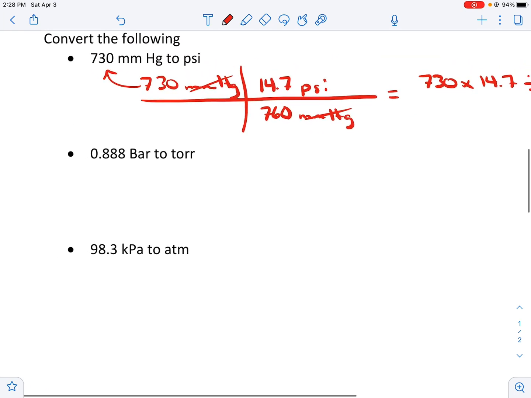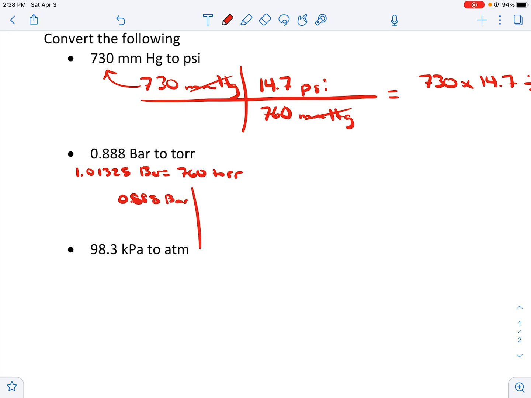Okay, this time we're going from bar to torr. If we want to write our equivalence statement here, we know that 1.01325 bars equals 760 torr. So, starting on our T-chart, 0.888 bar. We're going to put 1.01325 bar on bottom.